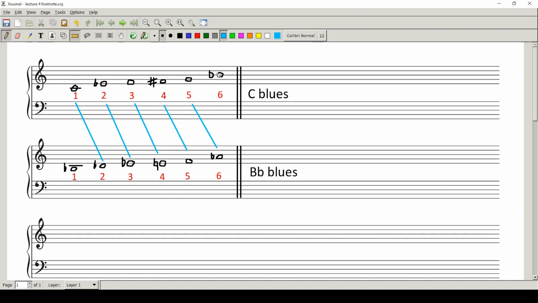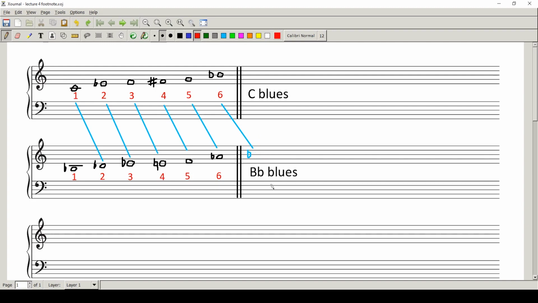Now the last note, the sixth note of the C blues, should go to the root of the B flat blues. So one thing I could do is shift the tonic or first step of B flat blues up an octave, so I can just map this 6 onto this 1 over here.